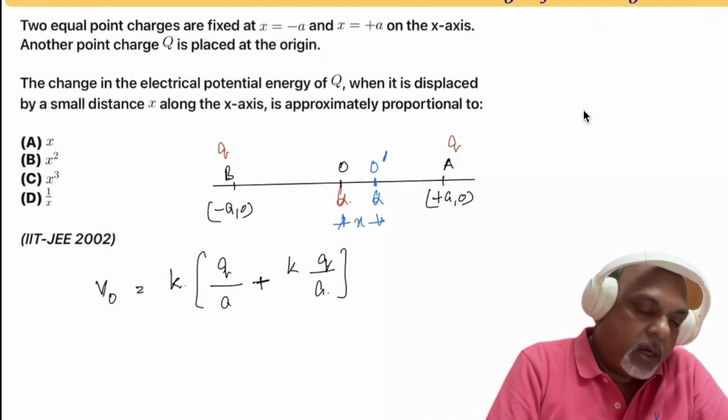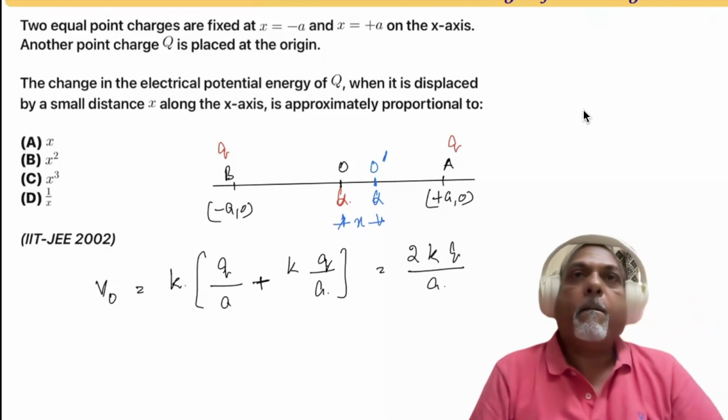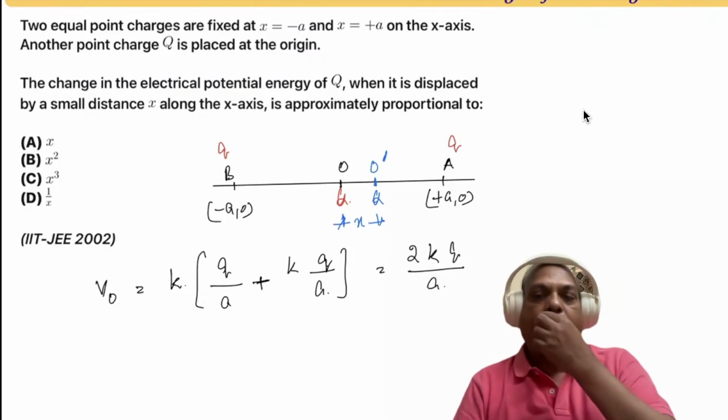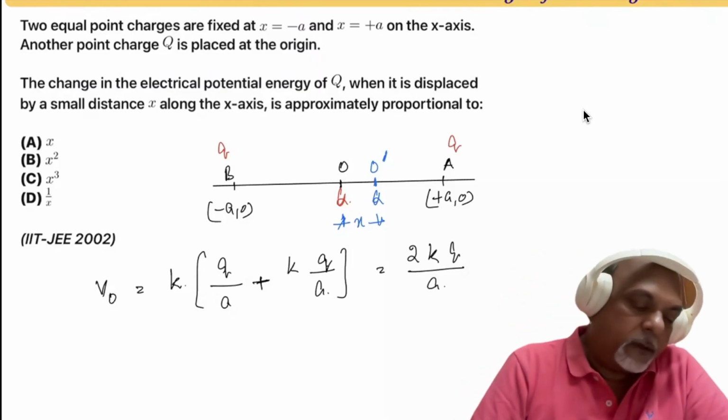Correct? Then this is basically 2kQ upon a. I hope you understood this.